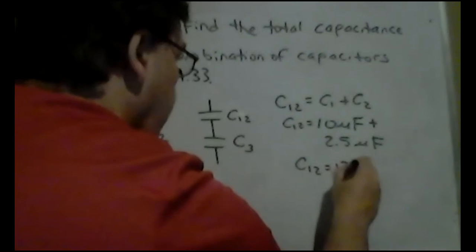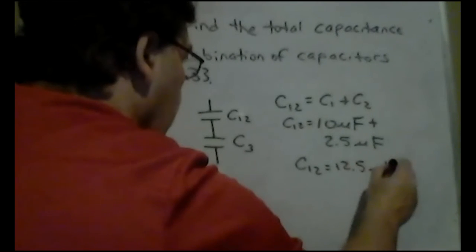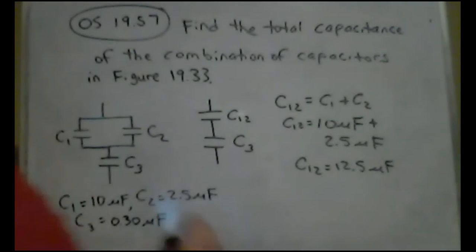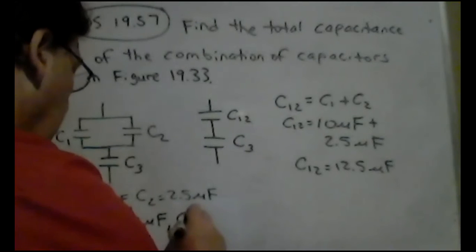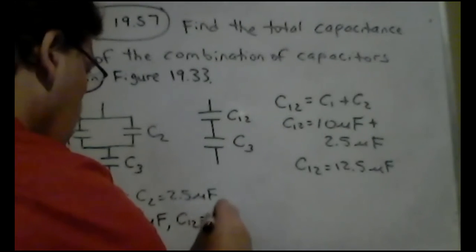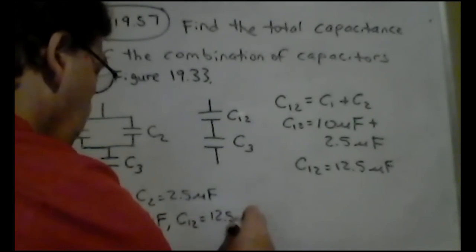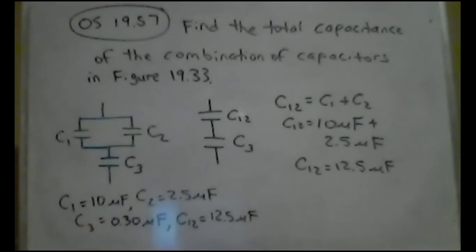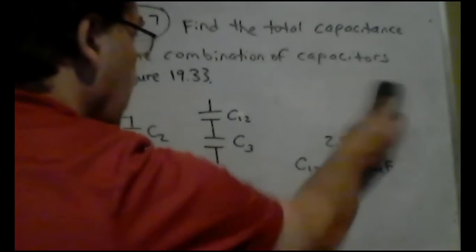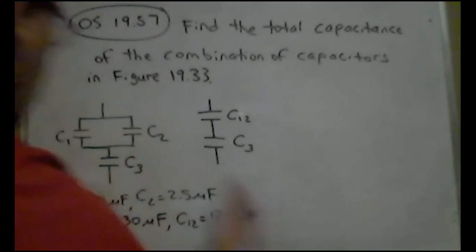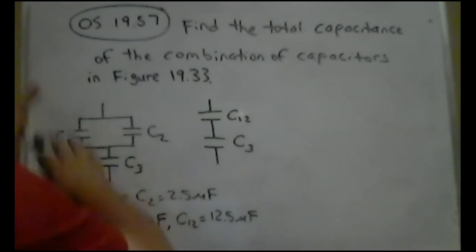C12 will be 12.5 microfarads. All right. So I can put this in my little parking lot here. I have C12, which is 12.5 microfarads. That's all the two add. All right, great. So this is now a perfectly equivalent circuit. This circuit is totally equivalent to this circuit.